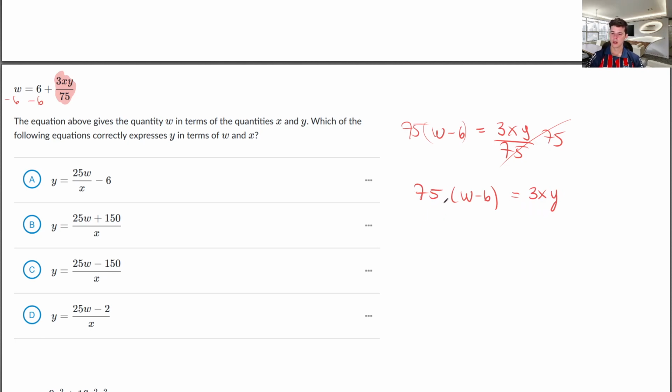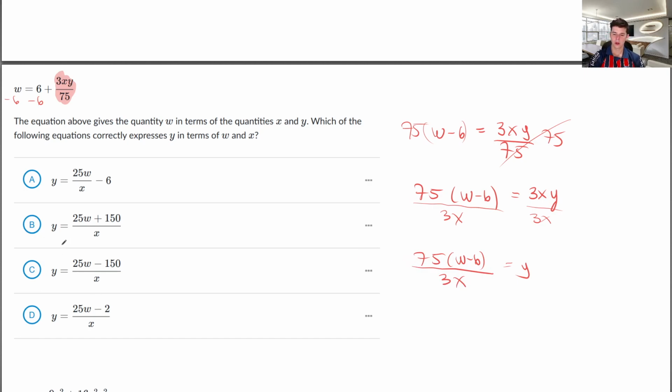So now I can get rid of the 3x, because we want to solve for y. So let's divide everything by 3x. Since it's being multiplied by 3x, we got to divide to get rid of it. So y equals 75 times w minus 6, all divided by 3x.